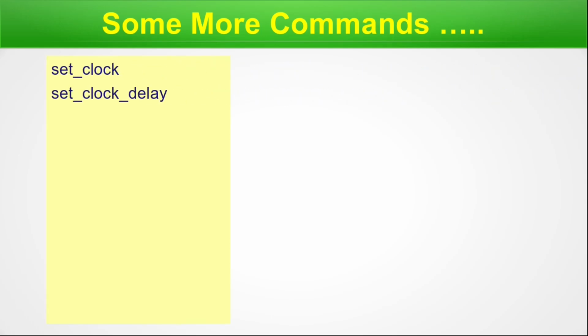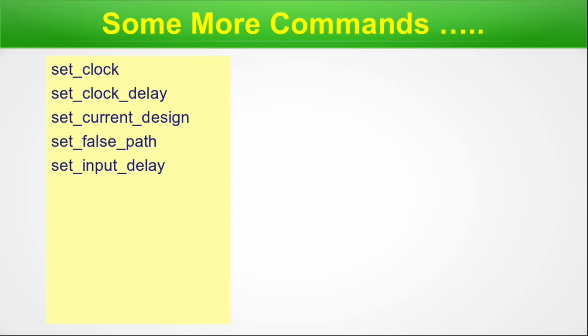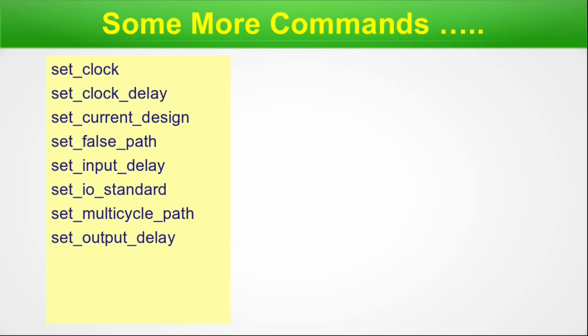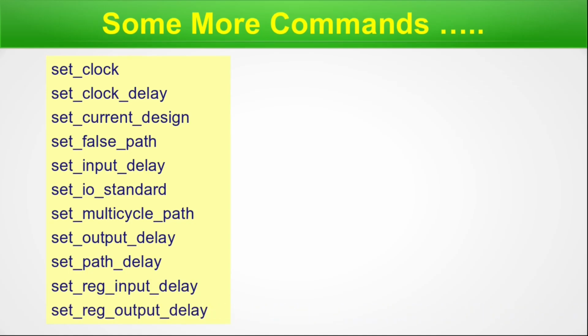Set clock, set clock delay, set current design, set false path, set input delay, set IO standard, set multi-cycle path, set output delay, set path delay, set range input delay, set range output delay.